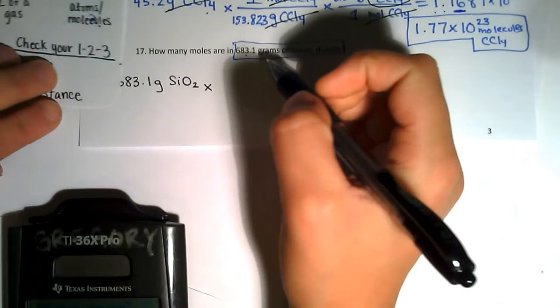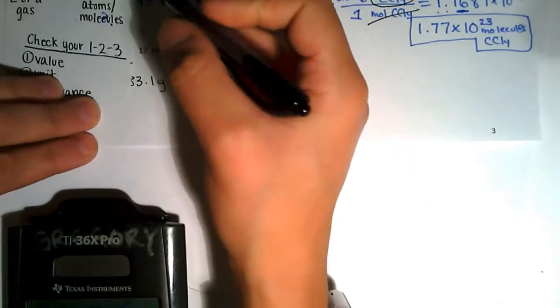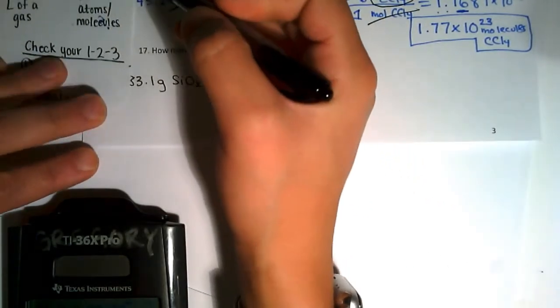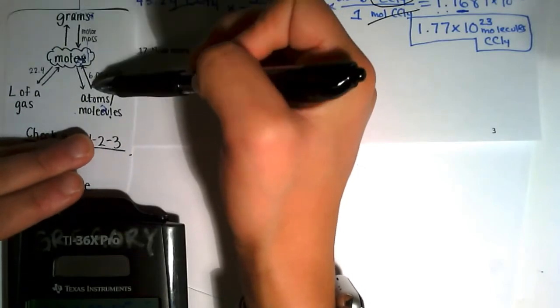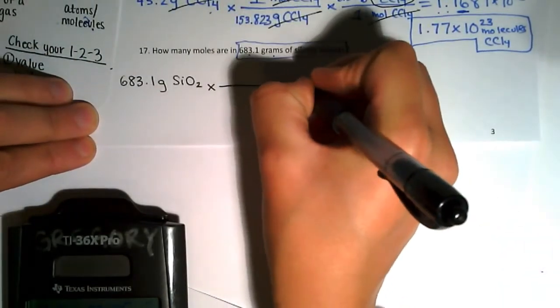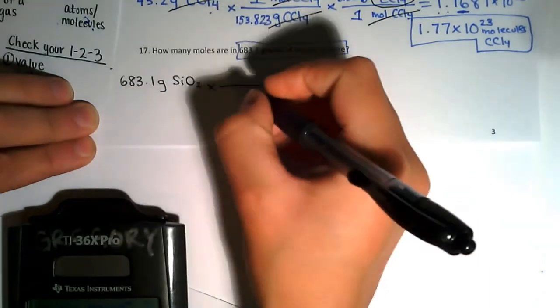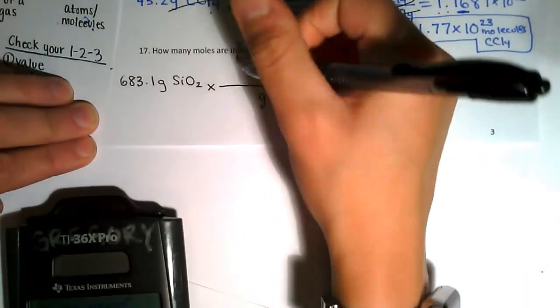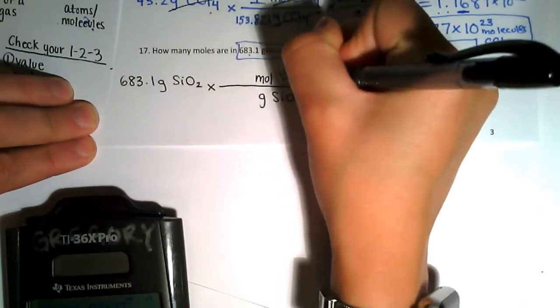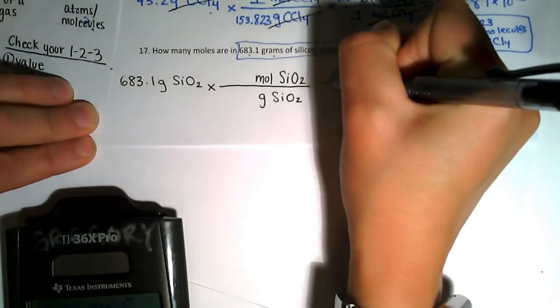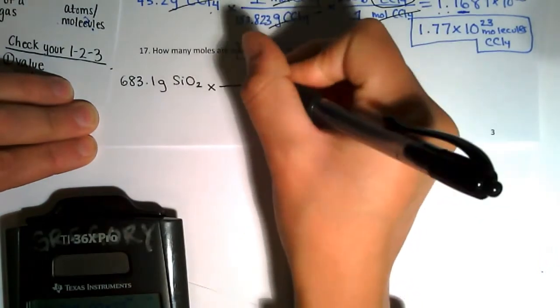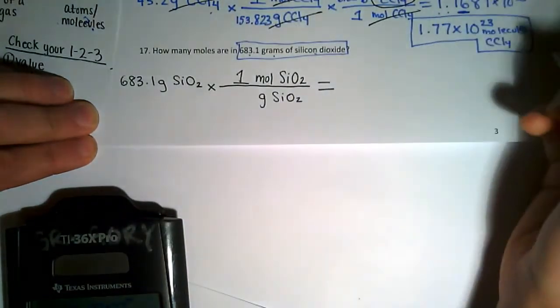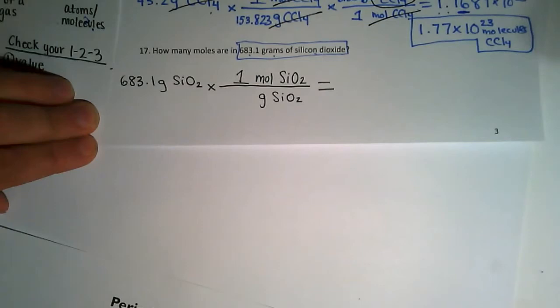And then since we're trying to get from grams to moles, we just need one conversion factor. Grams to moles, one conversion factor. And it's going to take us grams of silicon dioxide, SiO2, is going to cancel out, and we want to get to moles of SiO2. So to figure out how many grams are in 1 mole, we need to add up all the individual molar masses.